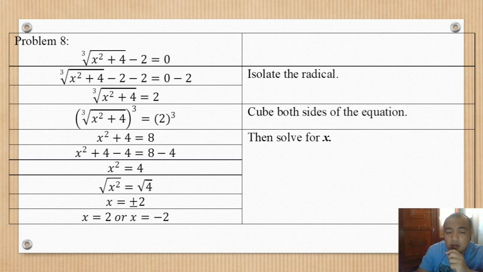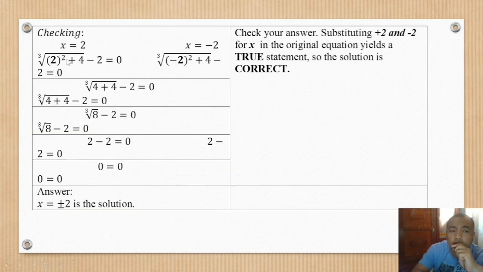Let's check if both the values of x can be the solution to the given equation. So, for checking, for positive 2, cube root of 2 squared plus 4 minus 2, is it equal to 0? Yes, cube root of 4 plus 4 minus 2. Cube root of 8 is 2, minus 2, 0 equals 0, correct.